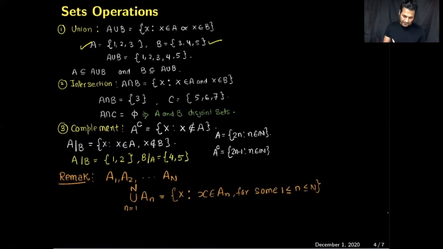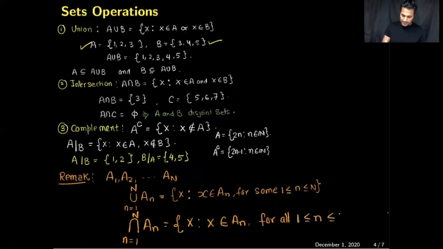Similarly, we can define the intersection. So the intersection of N sets, A n with n varying from 1 to capital N, is defined as all the elements which are common between all A n for all n from 1 to N. So the elements which are common in all the sets A1, A2 up to AN will be the intersection of all these N sets, and it will be denoted by the intersection over n from 1 to N of A n.